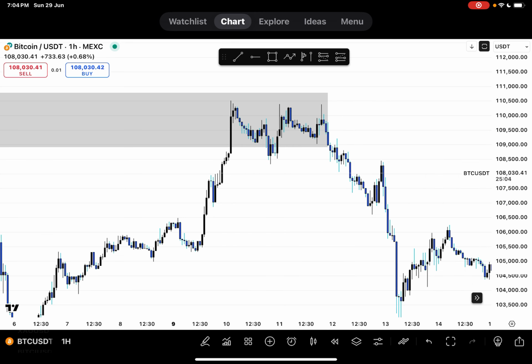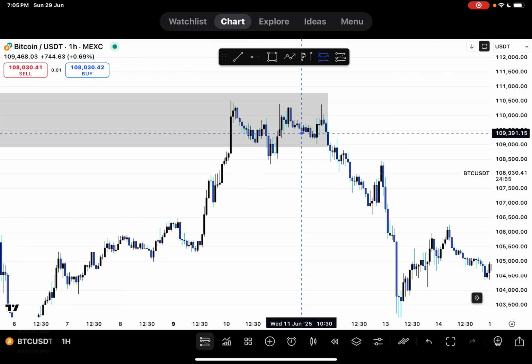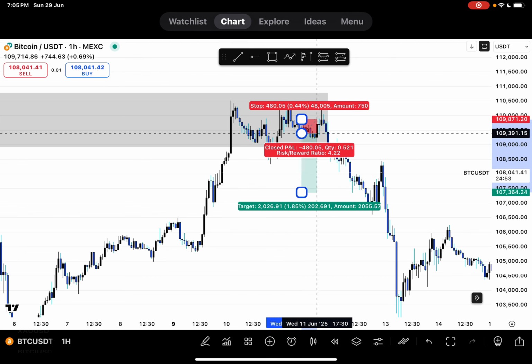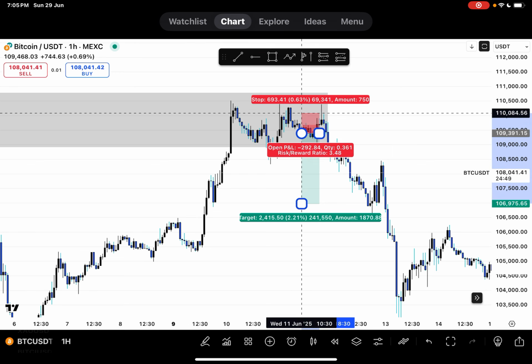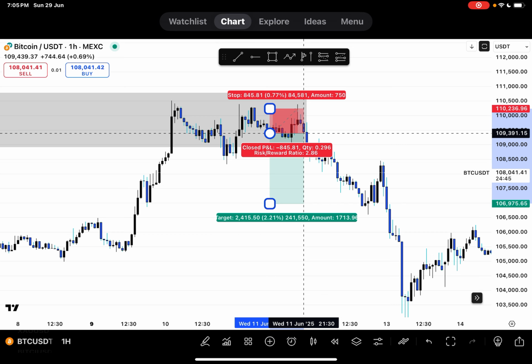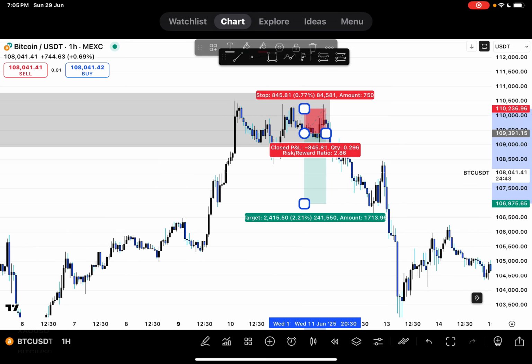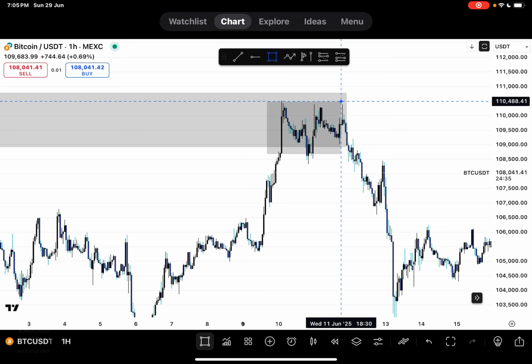Now again, you see maybe some sellers came on this particular level, aiming for this low, putting their stop somewhere around this, and then they get stopped out again. And then we were patient. We were not FOMOing like these people.